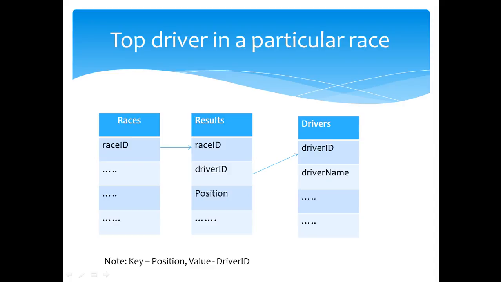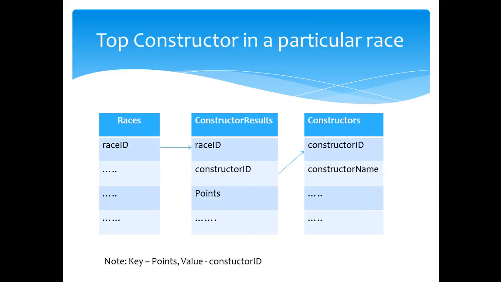With the race ID given as input, we find the race ID in the results CSV file, and from there, with position as a key value, we get the driver ID from the results. From the driver ID we get the driver name from the drivers CSV file. This is the flow of the procedure to find the top driver from the race ID.